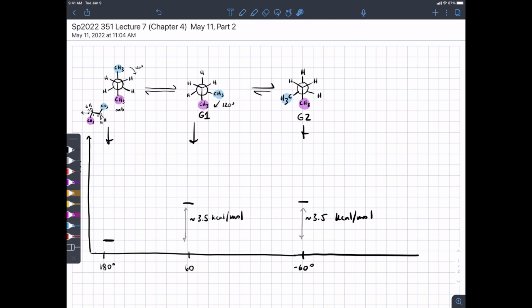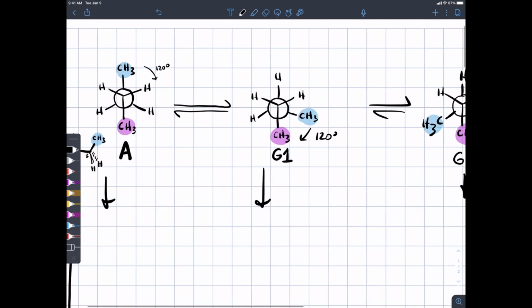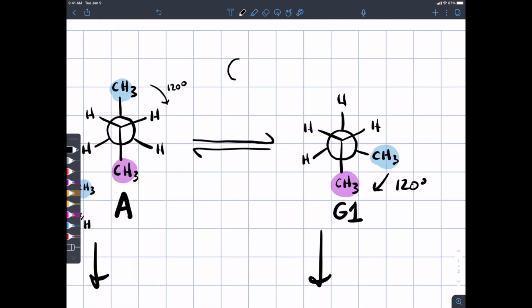Okay, good. Now, let's deal with the transition states. The transition state between anti-conformation, which maybe we can just call A, and gauche 1 should involve an eclipsed conformation in which methyl groups are eclipsed with carbon-hydrogen bonds.